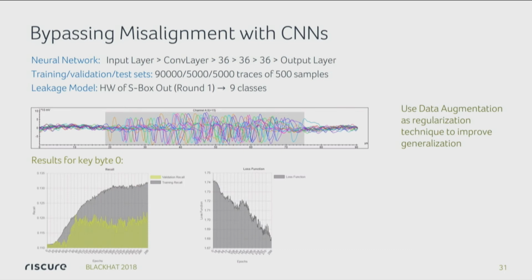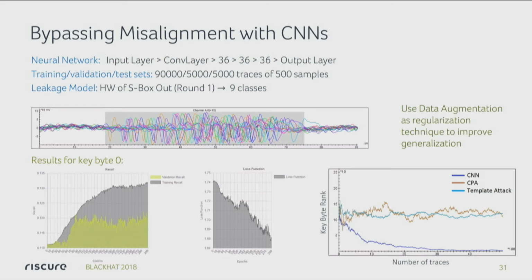What we're seeing is the pictures that we like to see. The recall goes up for both the training and validation set. The loss function goes down. If we compare this method to vanilla template attack, which is not an entirely fair comparison, you see that it almost doesn't recover the key, whereas the neural network, after about 5,000 traces, actually recovers the key.